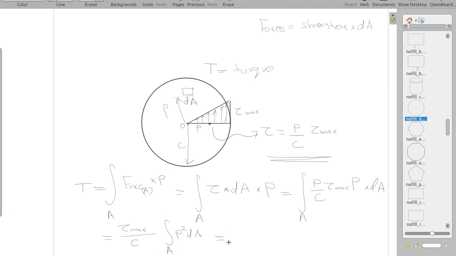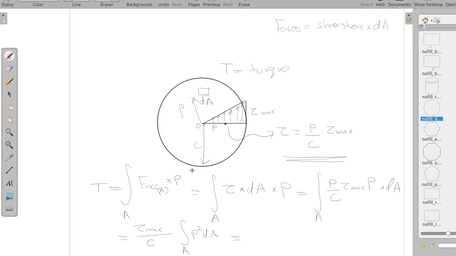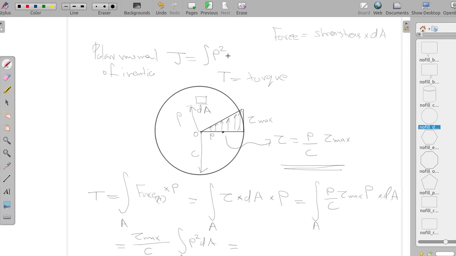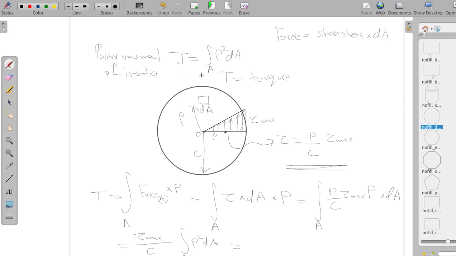And what is that? What is integral rho square dA? It is the polar moment of inertia of a circular area, right? Let's call it J. Polar moment of inertia of any area is defined as integral rho square dA throughout the area A. So we can use the formula there.